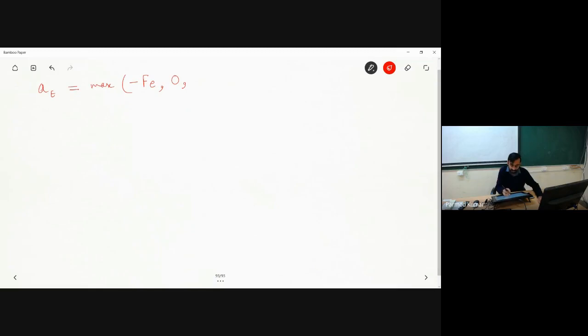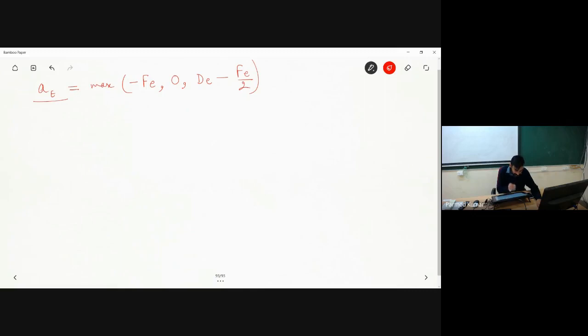If I multiply 1 minus Peclet number by 2 with DE, that will become DE minus FE divided by 2. Okay. So this is the coefficient I have obtained over here, AE, which will be equal to the maximum of minus FE, comma 0, and DE minus FE by 2.